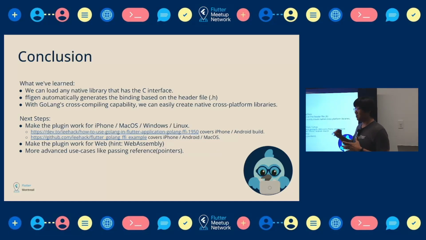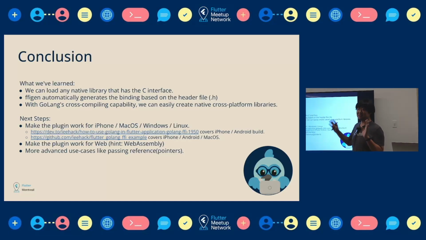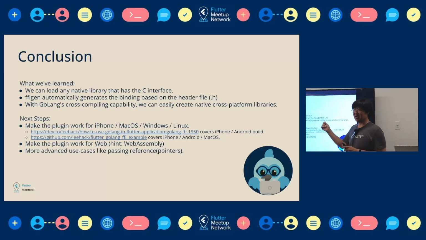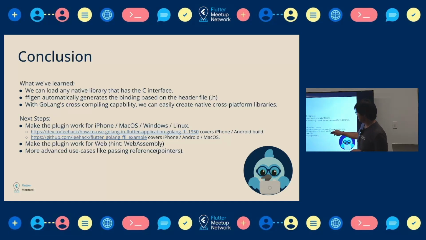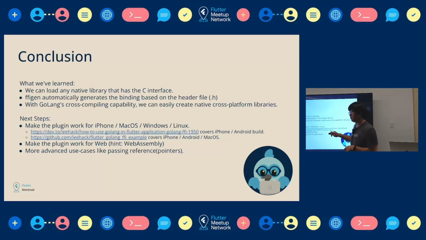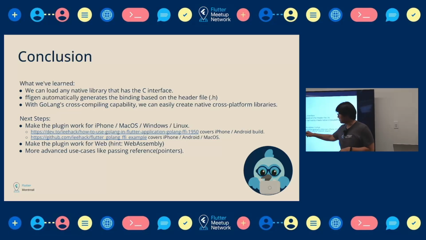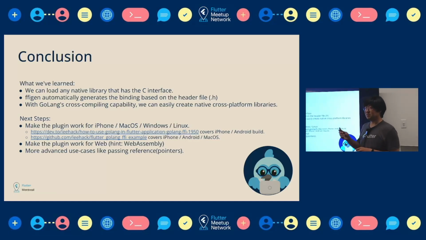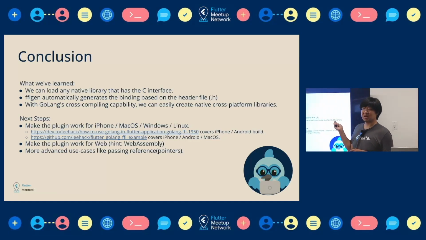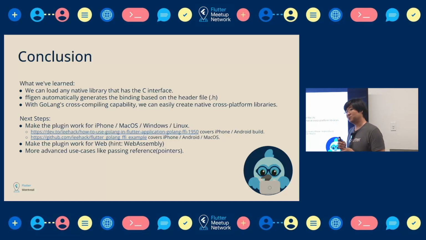I didn't study that, but basically it's the same thing. You just need to provide the architecture properly and then compile the library. And in my article, I am covering iPhone and Android builds. I didn't cover macOS, but I have an example that runs on macOS in my actual example. So later, I'm going to share the slides, then you can try it out yourself with the example I made.